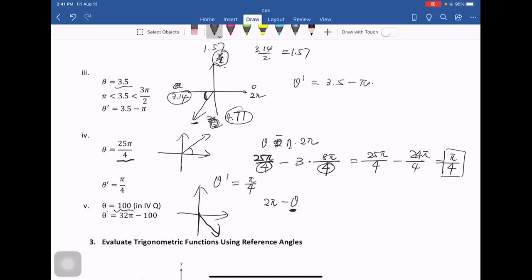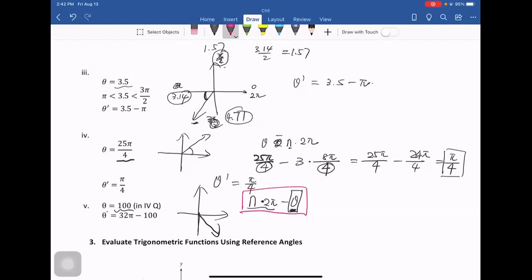Because theta is too big and it takes too much time to find the coterminal, I can use this formula: n times 2 pi minus theta.